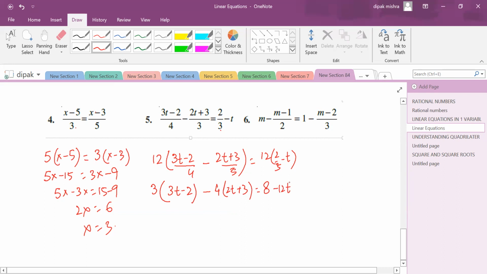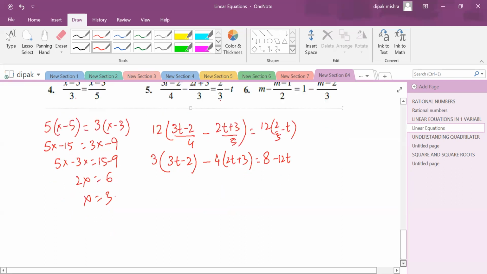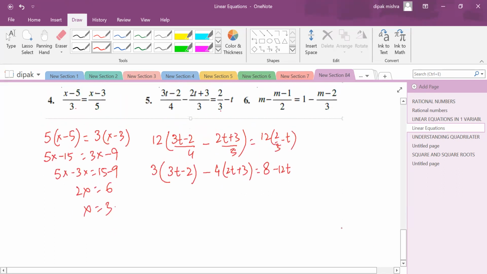Right? This is how you can do this. Okay. Now, if you solve it a little bit more, finally, when you get to the point where you have only variables and numbers, what are we getting? 9t minus 6 minus 8t minus 12 is equal to 8 minus 12t.